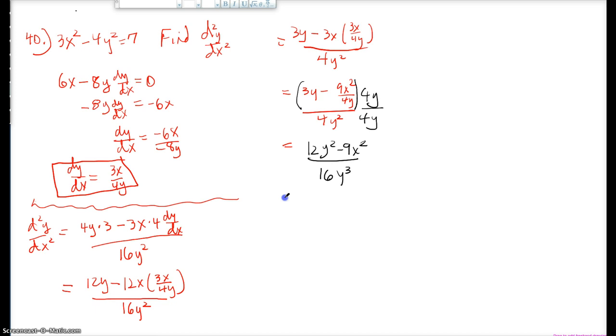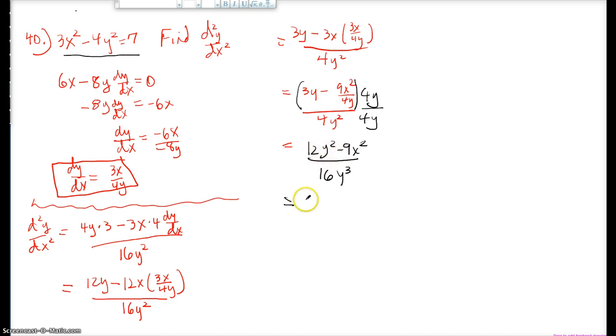At this point, I'm going to look back to my original problem, which is sitting right here. 3x squared minus 4y squared equals 7. This has a relationship to 3x squared minus 4y squared.